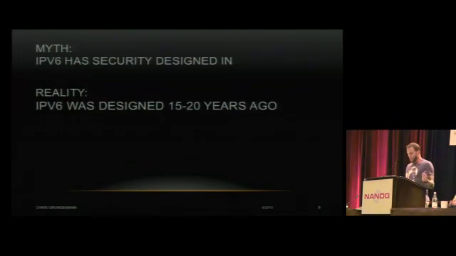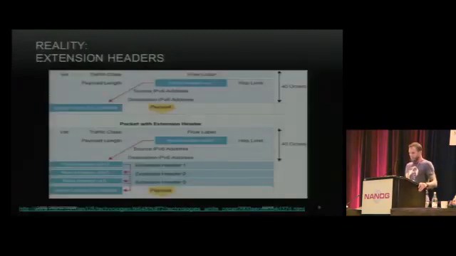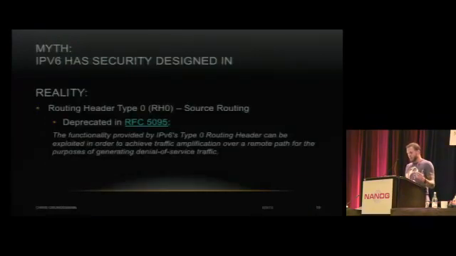Another piece is that IPv6 is already fairly long in the tooth, even though it is just now being deployed. One of the things, like we just talked about, is extension headers, right? So I think I'll gloss over some of this because there's a lot of problems with extension headers that go into security. Obviously, the RH0 is a big one that most folks know about.